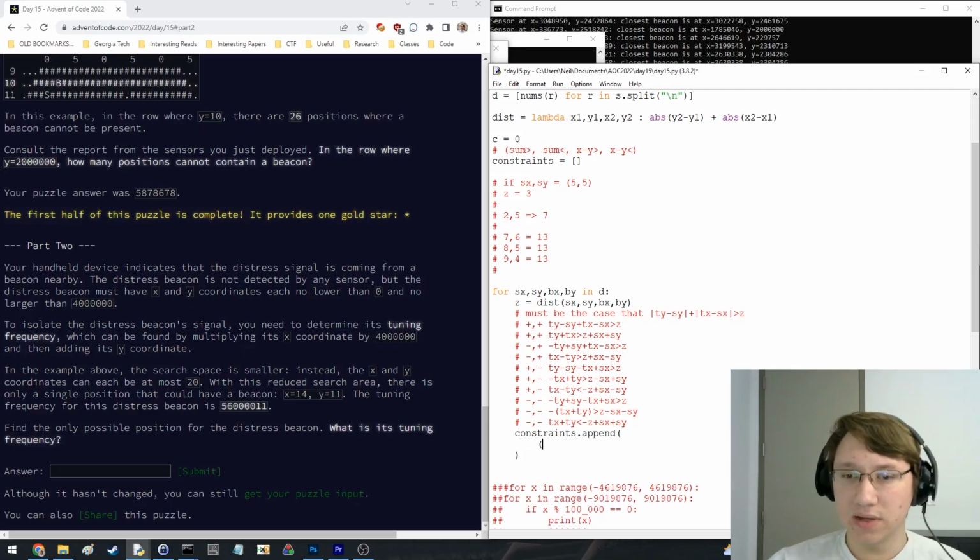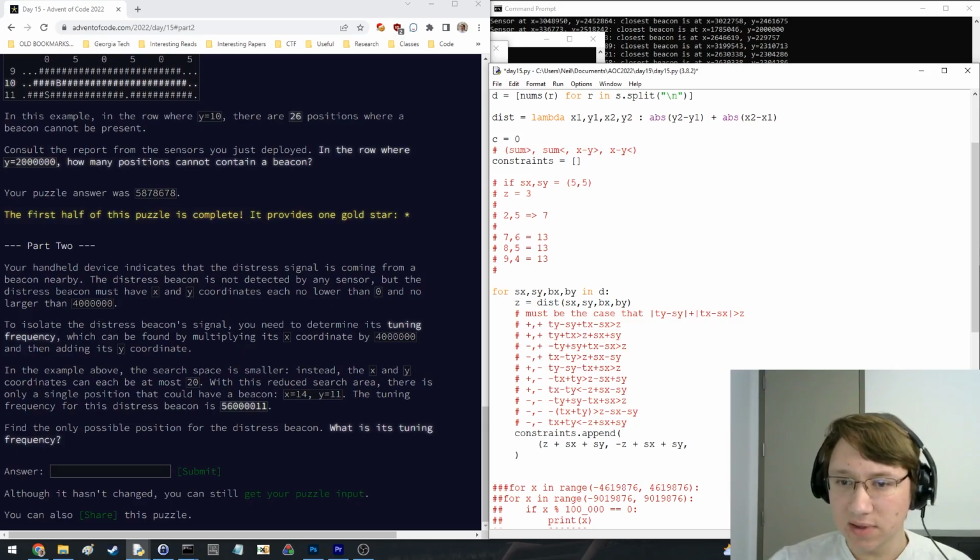And what the constraints are going to be is, so I think for the sum, the sum can either be greater than z plus sx plus sy, or it could be less than minus z plus sx plus sy.